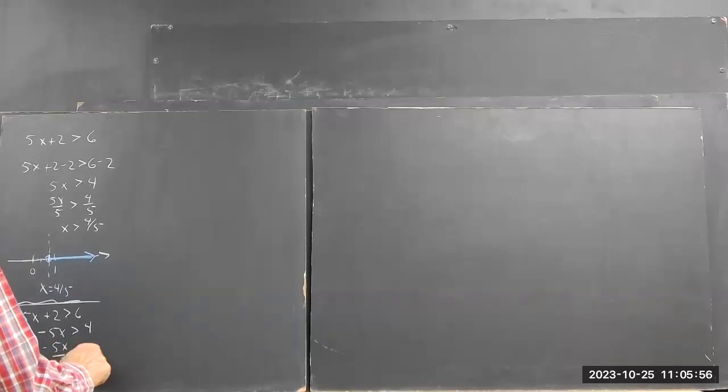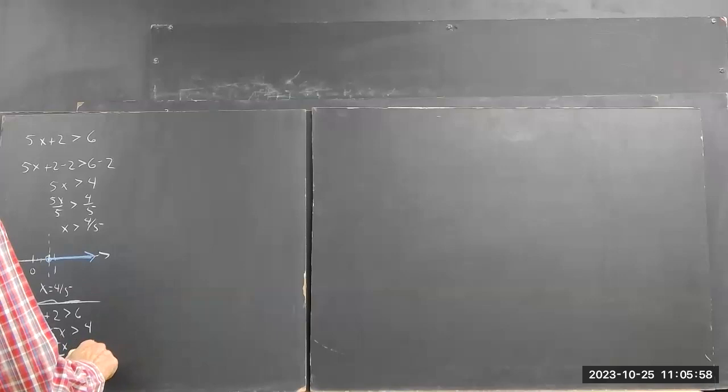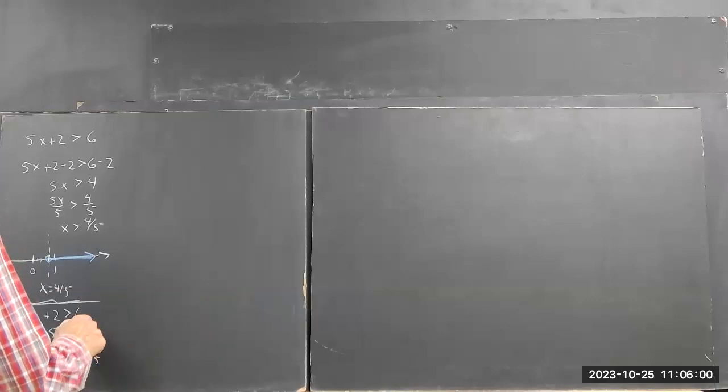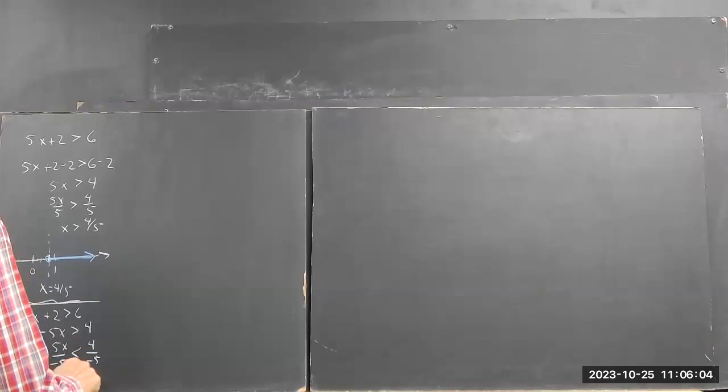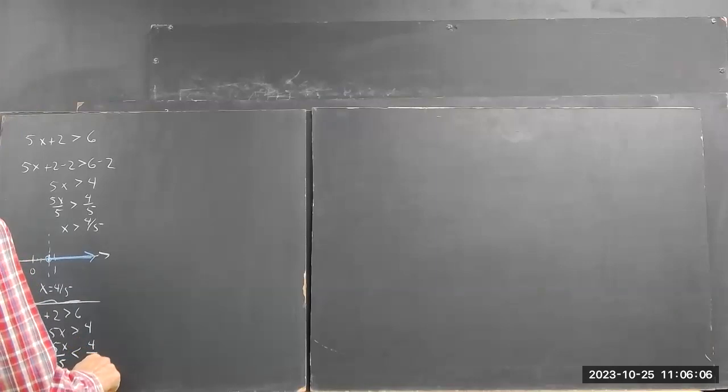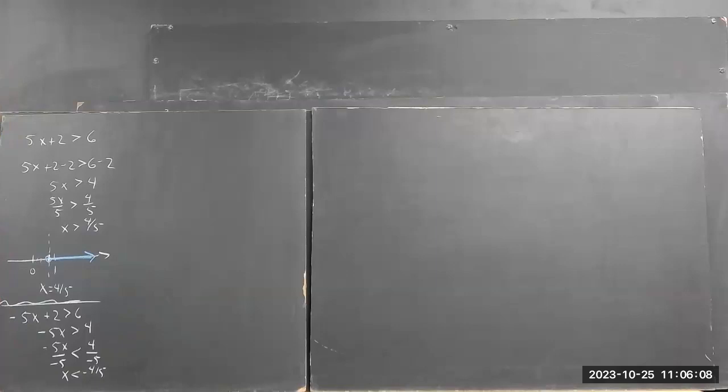And when we divide both sides by a negative, we have to reverse the inequality. And we would get x less than -4/5. I'm not going to graph that, but this is just to illustrate what happens if you have a negative. So something we always have to be aware of. Okay.